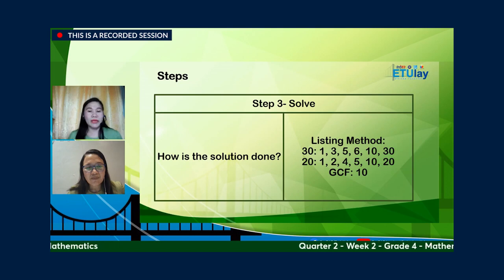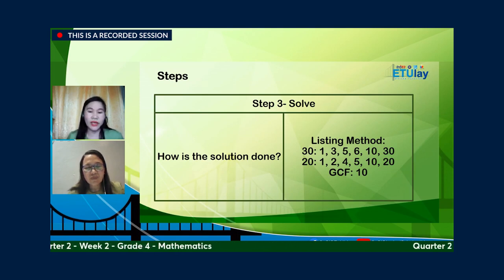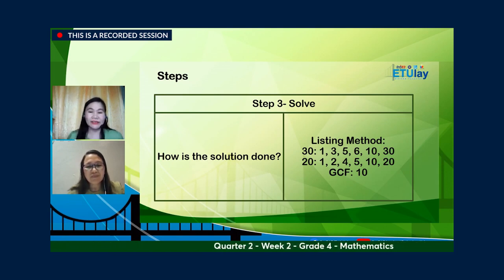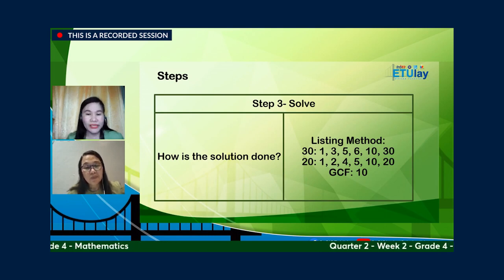So, listing method. So, we are going to list the factors of 30 and 20. So, the factors of 30, we have 1, 2, 3, 5, 6, 10, 15, and 30. How about 20? We have there 1, 2, 4, 5, 10, and 20.